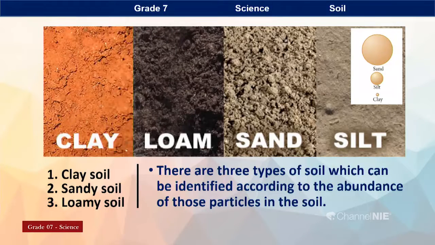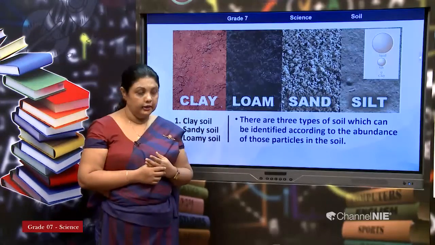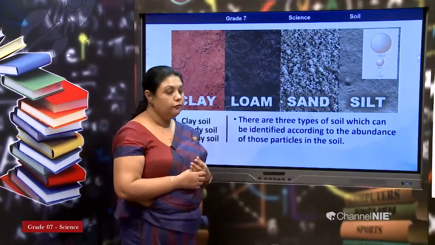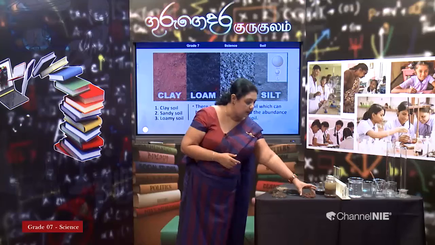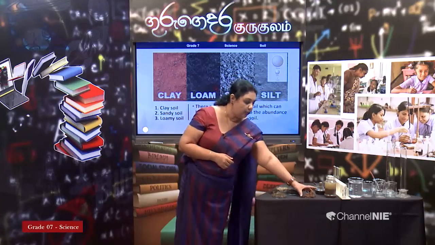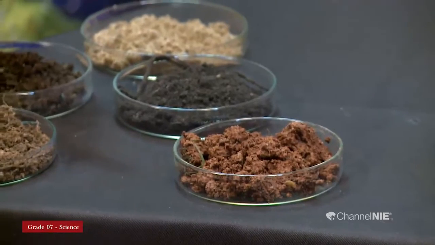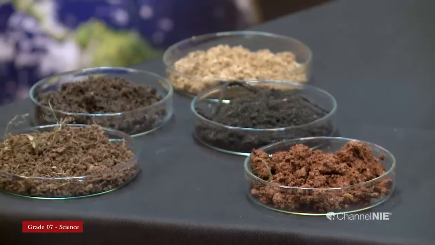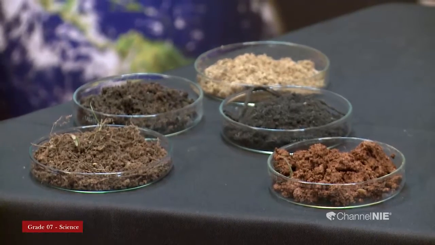Here, once I showed you earlier, now we will see again with soil samples whether we can identify them. Right. If you take this first sample, this is red color, so you can identify now that it is the clay sample.